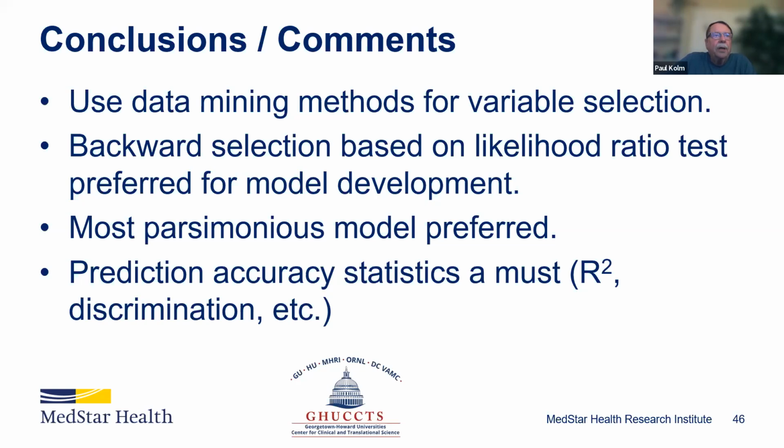And then whatever model you come up with, you need to determine how well it's predicting. If you have continuous variables, it's the R-squared value that we want to look at; in logistic regression, discrimination and calibration.